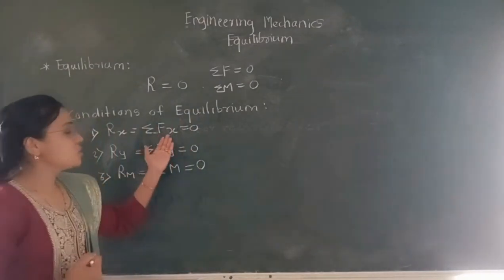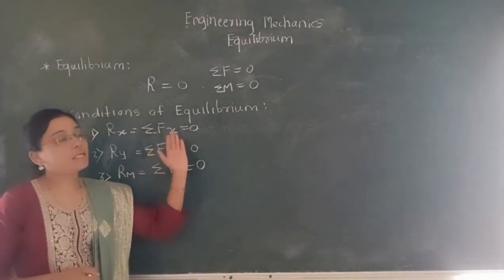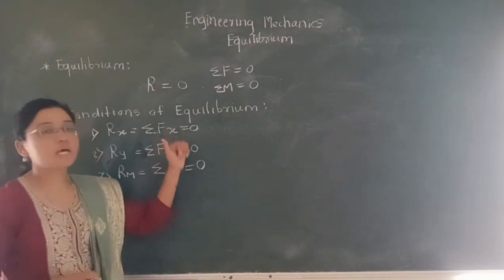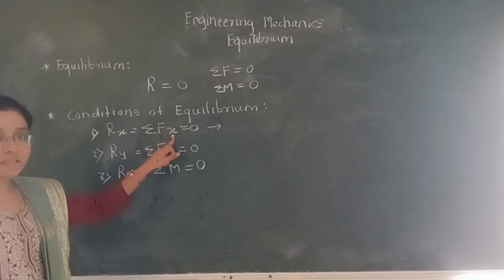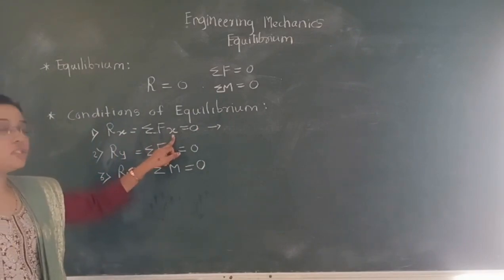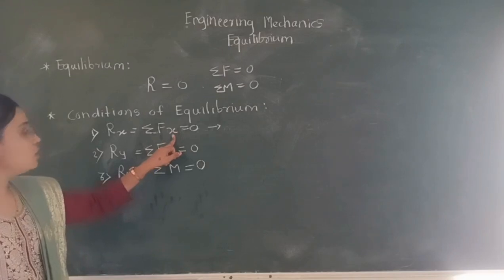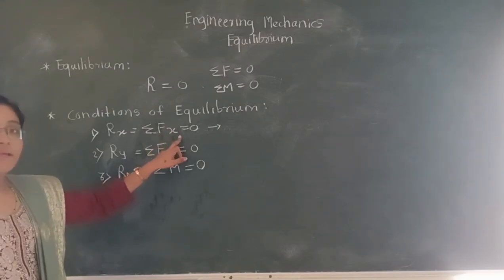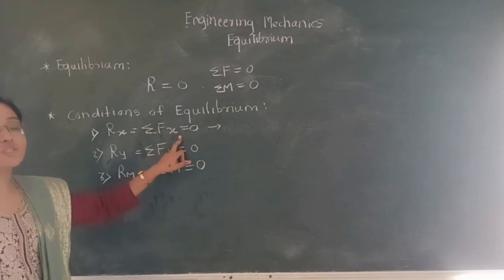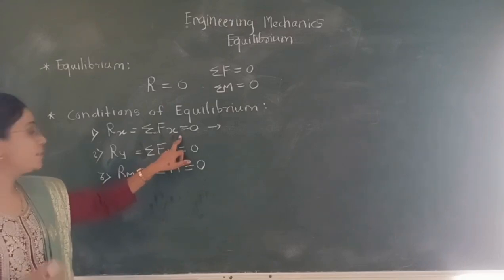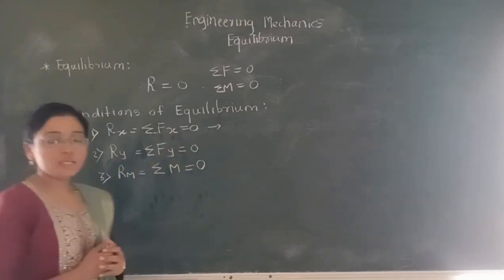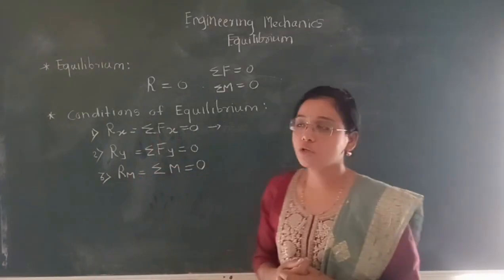If the addition of all forces acting in the horizontal direction comes out as 0, then we can say the body satisfies equilibrium for the horizontal direction. If the body satisfies this condition, the body will not show any horizontal linear motion. The second condition is summation Fy is equal to 0.